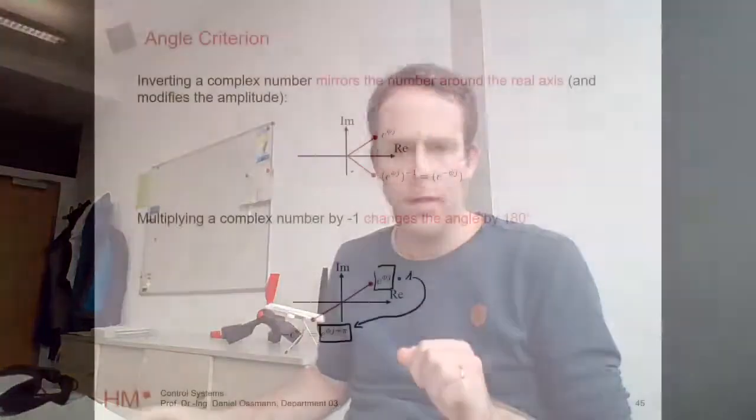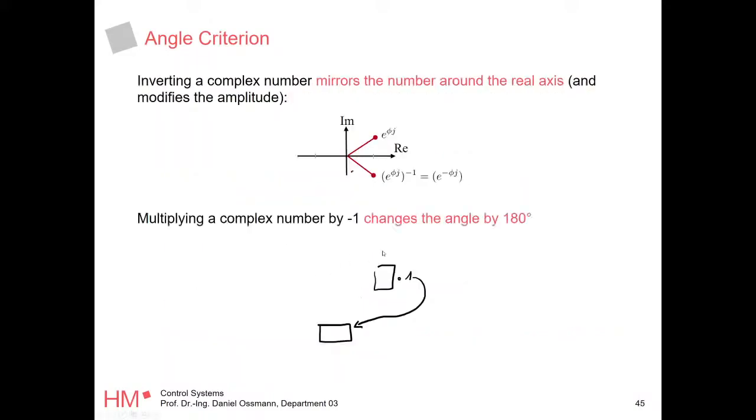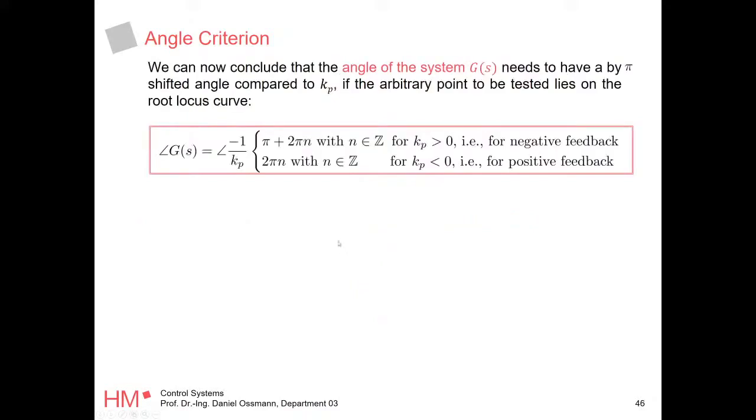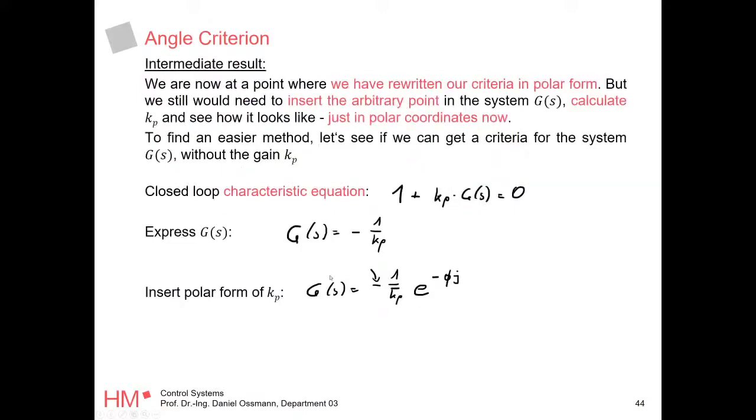Here, we know what the criterion for KP is, but now we are taking that criterion and putting it over to G of S with this very simple mathematics. So instead of checking our KP, we are now checking the angle of G of S. And the angle of G of S needs to be the negative inverse of the angle of KP. This is exactly what is standing here.